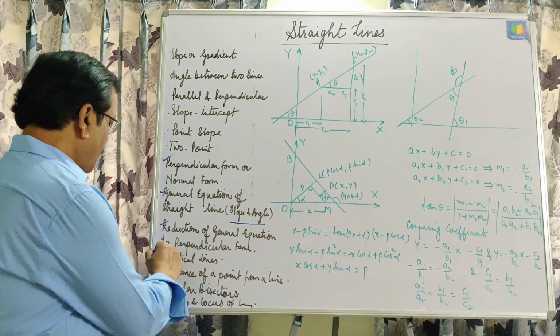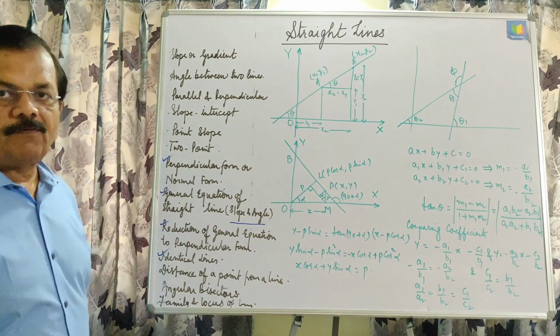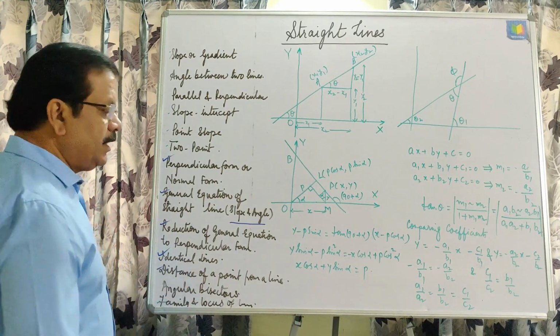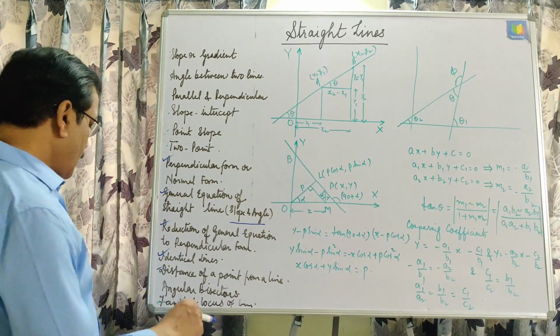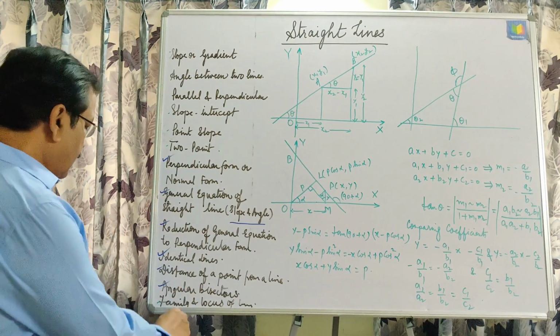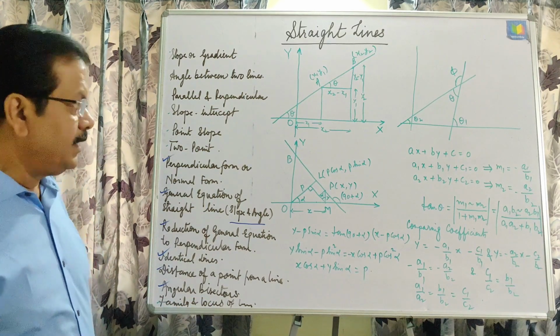And then identical lines: what will be the condition for the lines being identical? Distance of a point from a line and angular bisector. And the last one, family of lines and locus of lines.